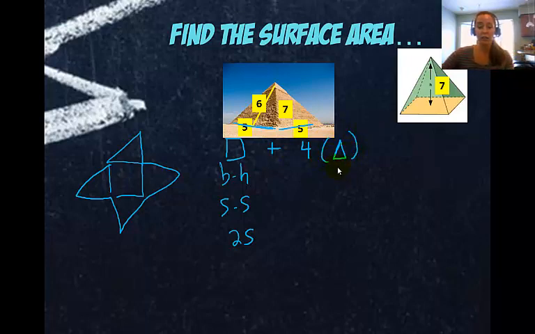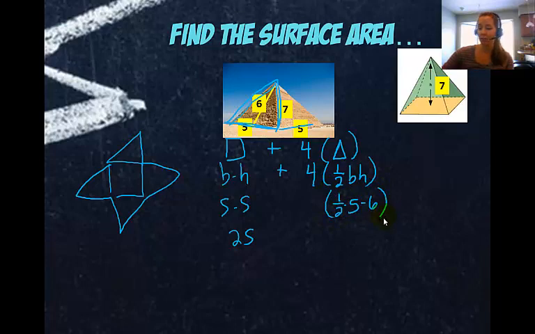The triangle formula is 1/2 base times height, or base times height chopped in half. We're going to multiply that by 4 because that's how many triangles we have. Looking at just this one triangle, 5 is the base and 6 is the height. So what's half of 5 times 6? 5 times 6 is 30. Half of 30 is 15.